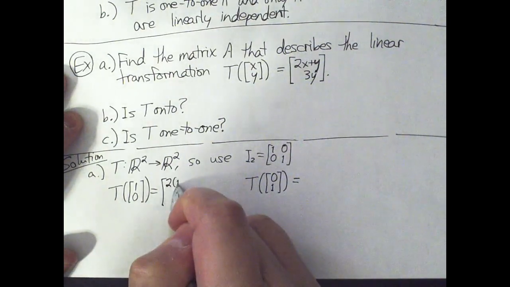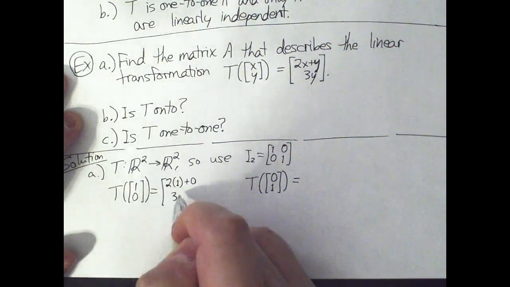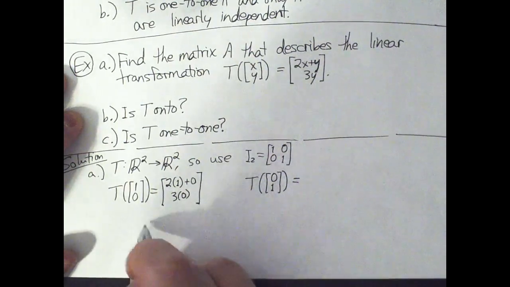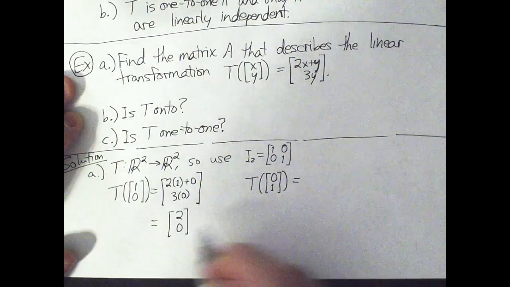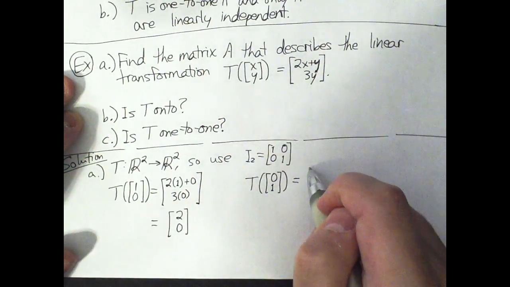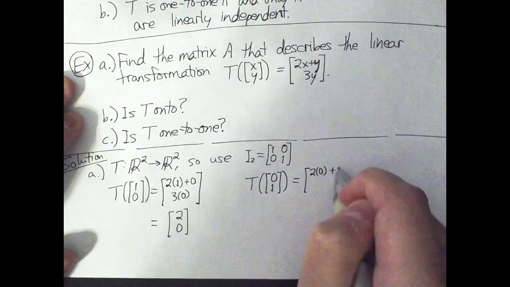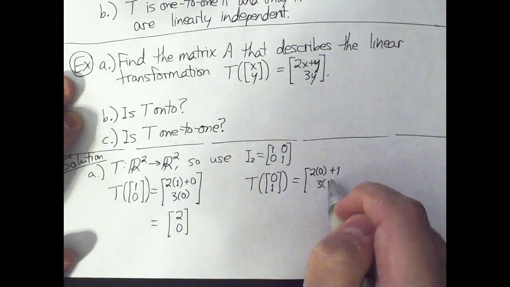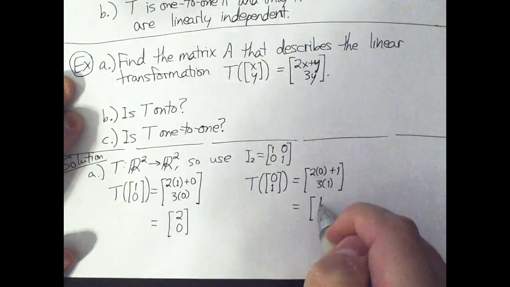Like this is (2 times 1 plus 0, 3 times 0). And this simplifies to (2, 0). This one over here is (2 times 0 plus 1, 3 times 1). So it equals (1, 3).